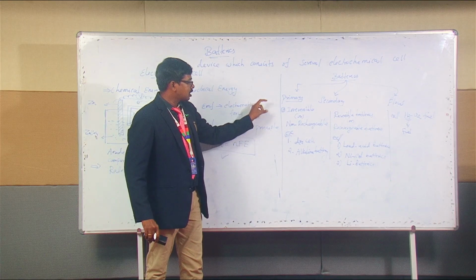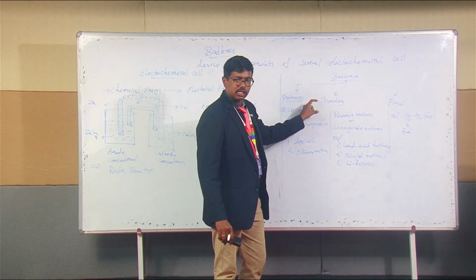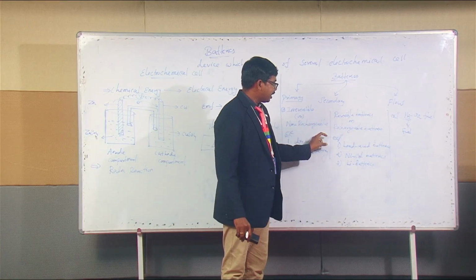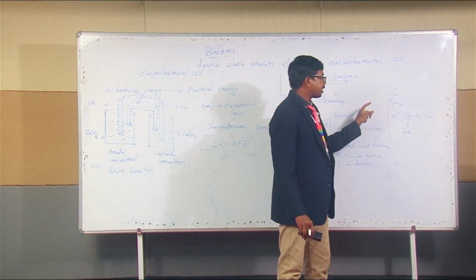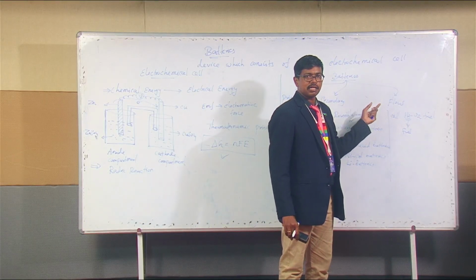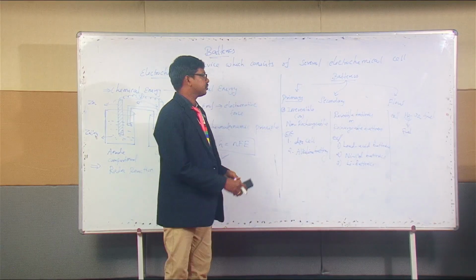Primary batteries, for example the dry cell and the alkaline battery. Secondary batteries are also a kind of rechargeable battery, for example lead acid, nickel cadmium and lithium batteries. And third, flow batteries, also known as fuel cells, for example the H2-O2 fuel cell, which is widely used in aircraft.